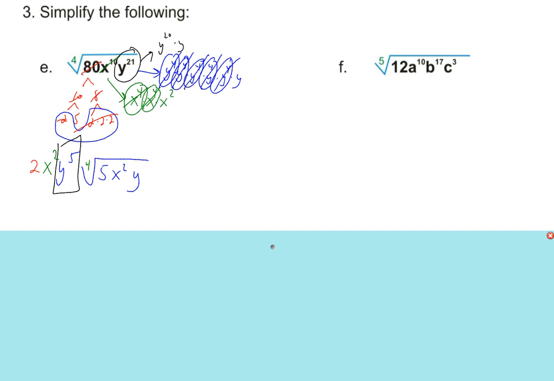Now I chose 20 because I knew 20 divided by 4. If the index would have been 5, I would have still used y to the 20th because 20 is divided by 5 evenly. If the index would have been 6, I could choose y to the 18th because doesn't 18 divide by 6 evenly? And tell me how many y's.